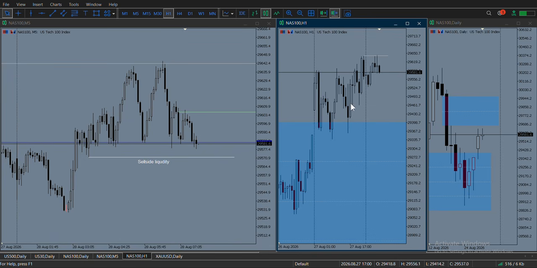From yesterday's New York session, we had this run higher, a retracement here, push higher, a retracement going into 0 GMT here, and then we push higher again, take out that high, and now we're trading inside a retracement. So that's why I'm expecting a little bit of weakness here before it starts to trade higher. If at all it will trade higher.